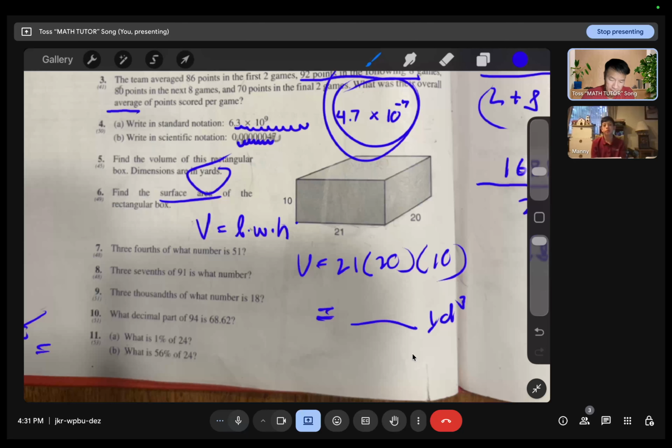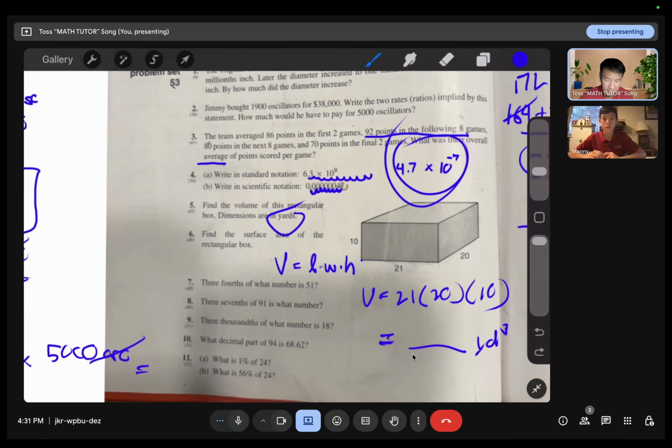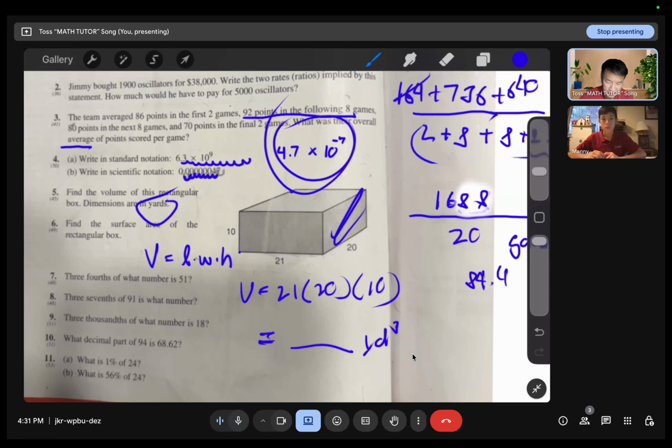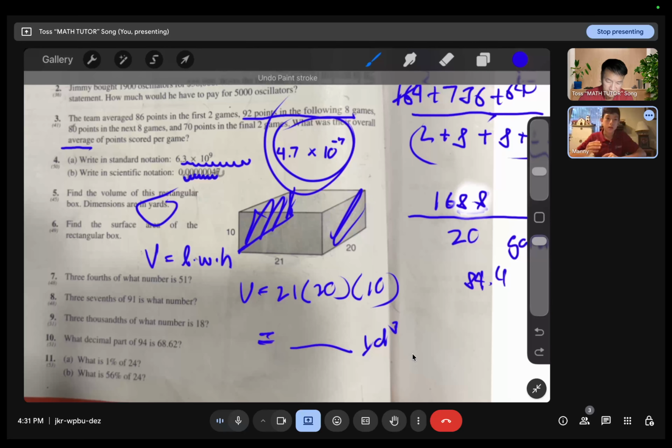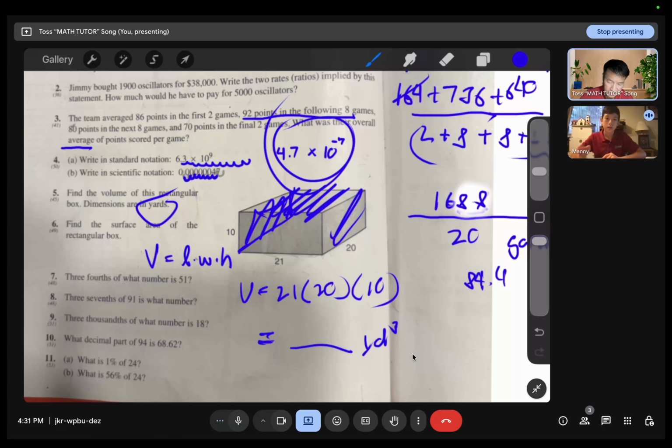So you said something like this, 20 times 10 times 2, right? That's this side and that side over here. And then 10 times 21 times 2 is the face and the back here, right? Yeah. Good. And then you said the top here? Yeah, 21 times 20 is the top and bottom. Good, your geometry is good.